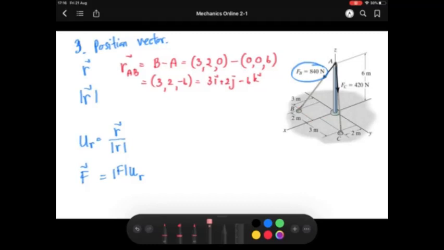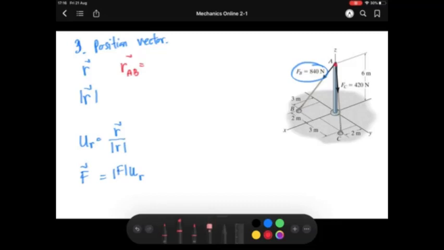Another step that I always use is I will start from here, the starting point, and then I will go along to find the point B. So I go this way. It is minus 6k along the z axis, and then go this way as 3 in terms of the x axis, and then this one minus 2j.